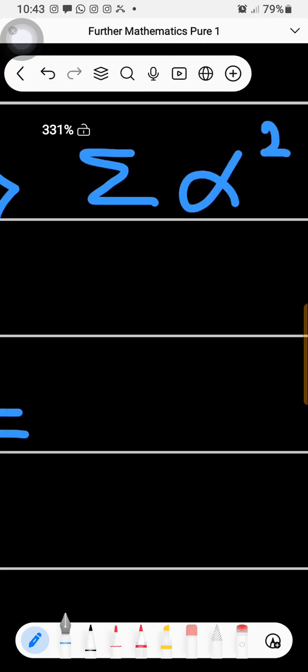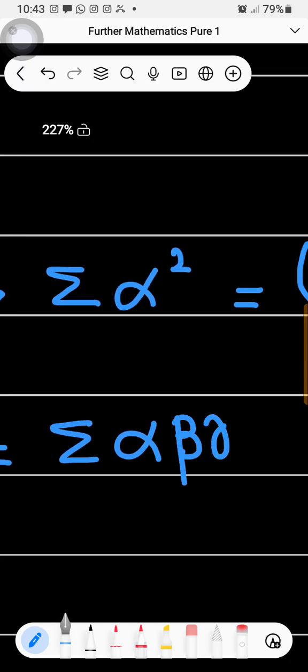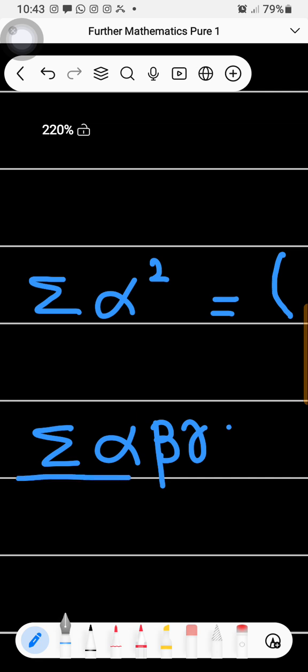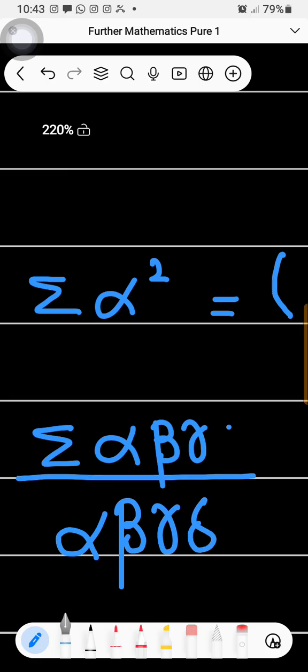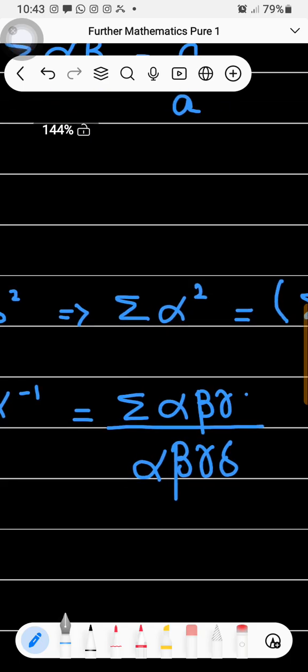We will write it as sum of alpha beta gamma upon alpha beta gamma delta. In cubic the second last was sum of alpha beta, and the last was alpha beta gamma. So for sum of alpha power minus 1, the formula was sum of alpha beta upon alpha beta gamma. What it means? The second last upon the last.